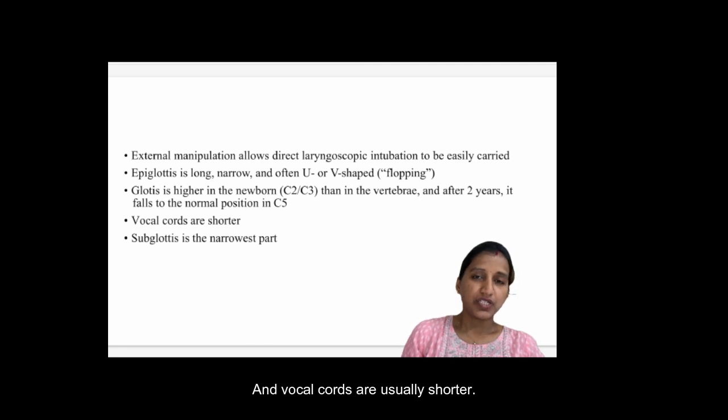And vocal cords are usually shorter, so an appropriate size of tube must be selected accordingly to prevent stenosis in this area. And the subglottis is the narrowest part in the pediatric, whereas the glottis is the narrowest part in the adult.